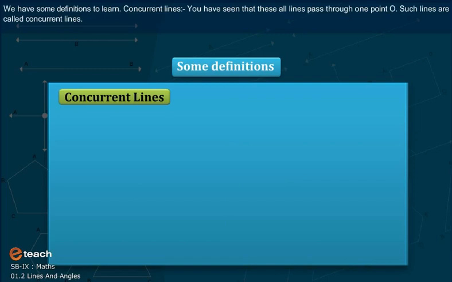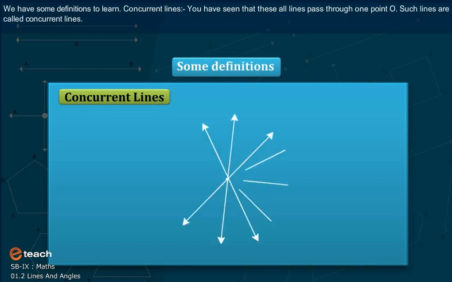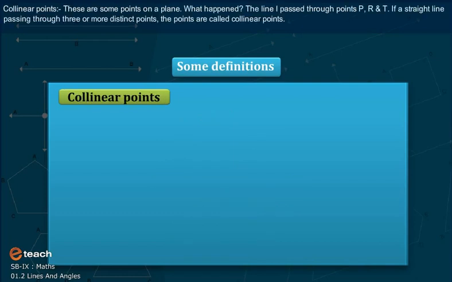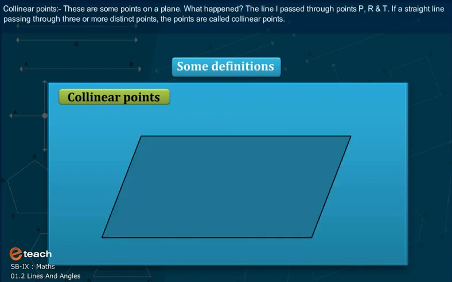Concurrent lines. You have seen that all these lines pass through one point O. Such lines are called concurrent lines. If three or more lines pass through one point, then the lines are called concurrent lines. Collinear points. These are some points on a plane.